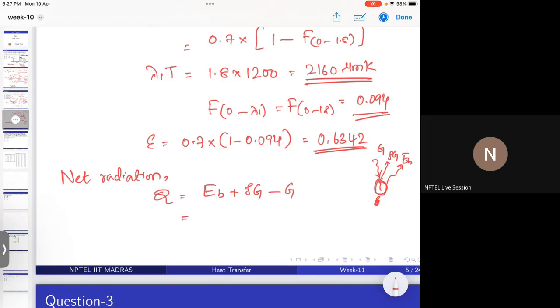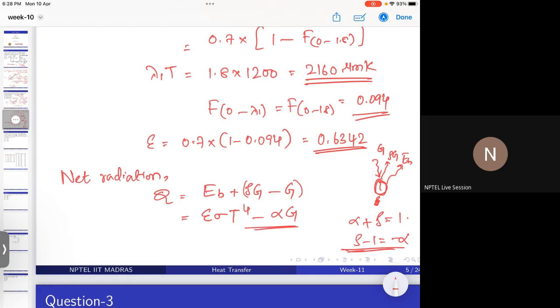So this is epsilon sigma T raised to 4 minus alpha G. Alpha plus rho is equal to 1, so rho minus 1 is equal to minus alpha.